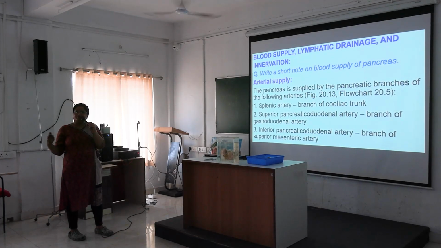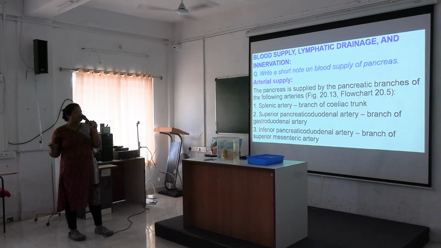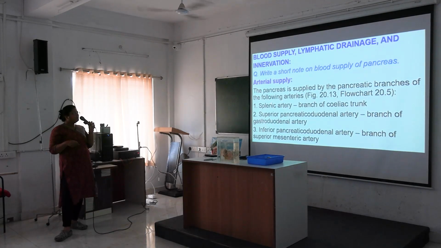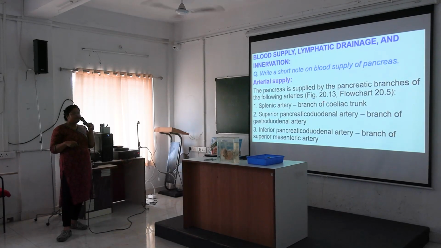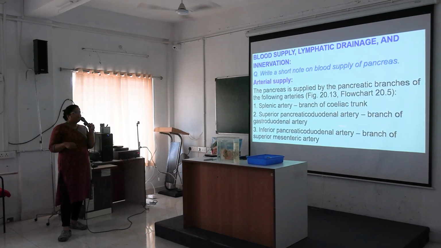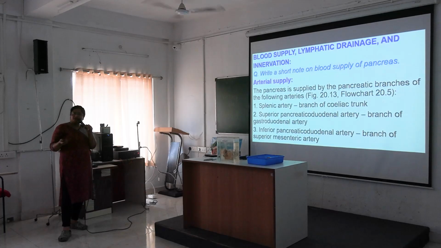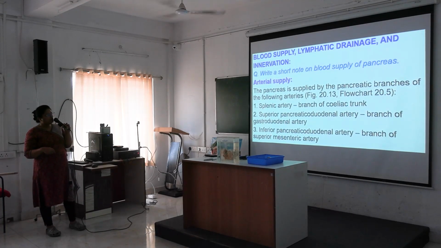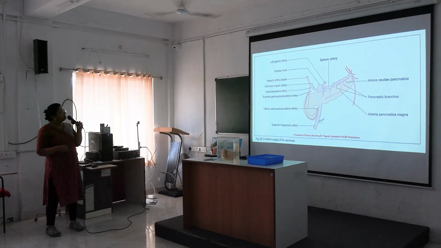Blood supply, it is supplied by pancreatic branches of these arteries: splenic artery, which is branch of celiac trunk; superior pancreaticoduodenal, branch of gastroduodenal; inferior pancreaticoduodenal, which is branch of superior mesenteric. Okay.